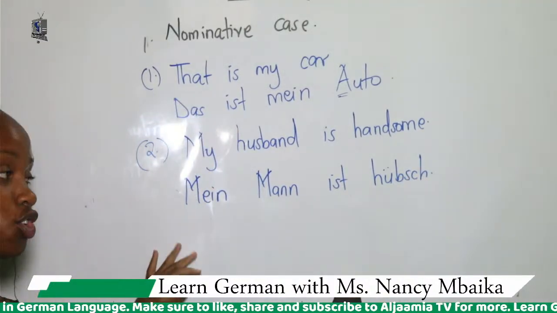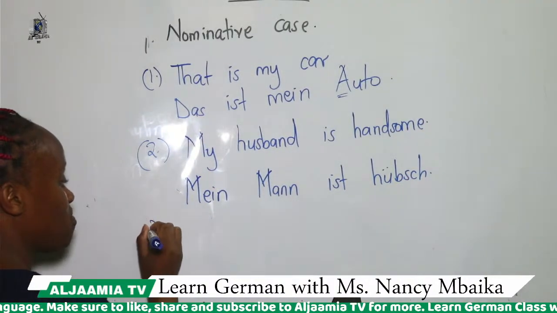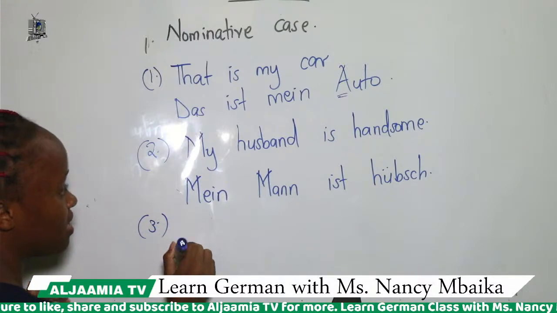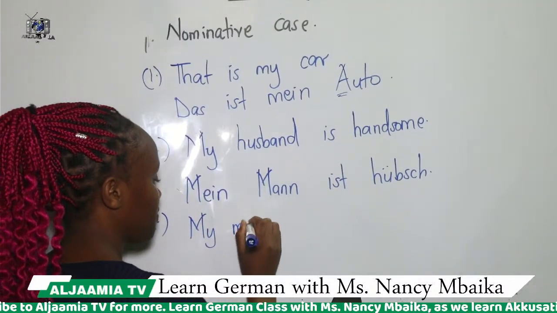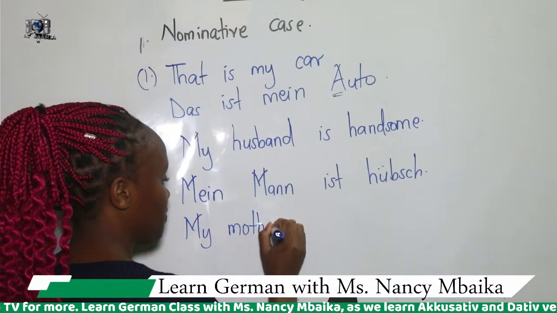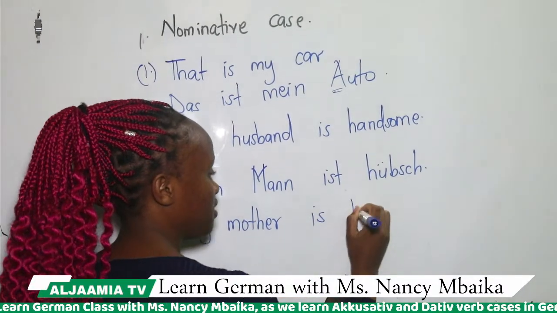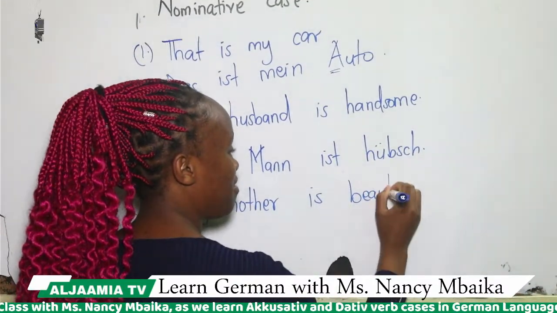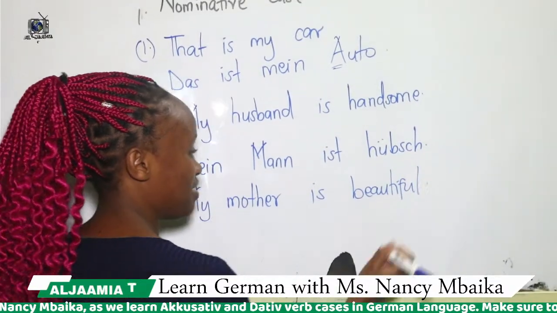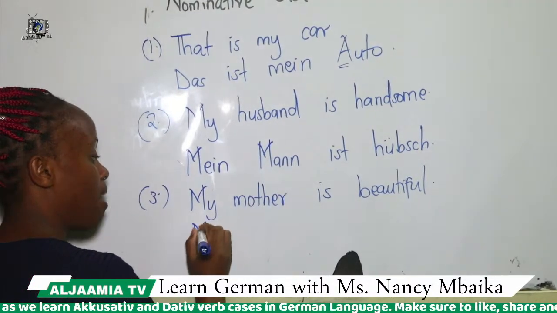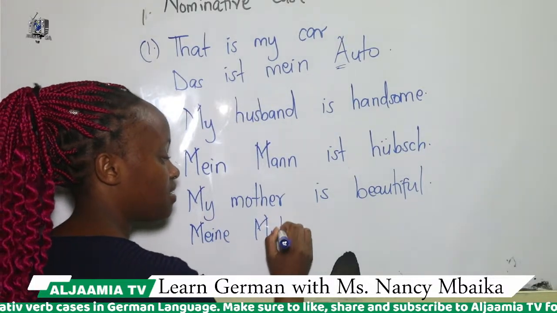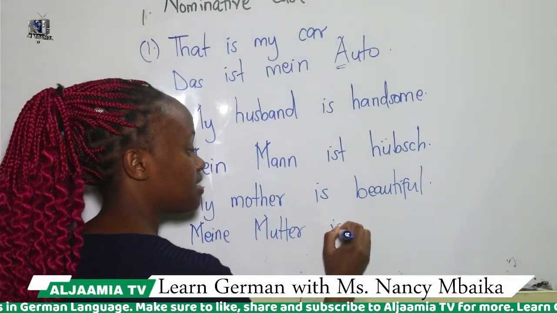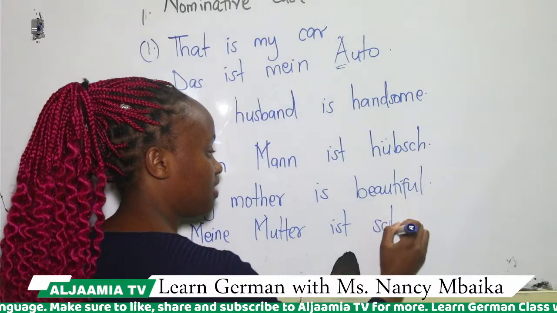Mein Mann ist hübsch. So that sentence I want to make for the female case, I'm going to say my mother is beautiful. We all love our mothers, right? So my mother is beautiful. I'm going to say meine Mutter ist schön.